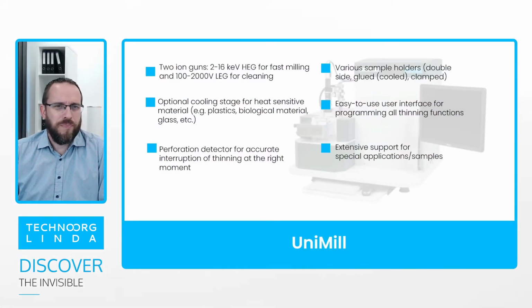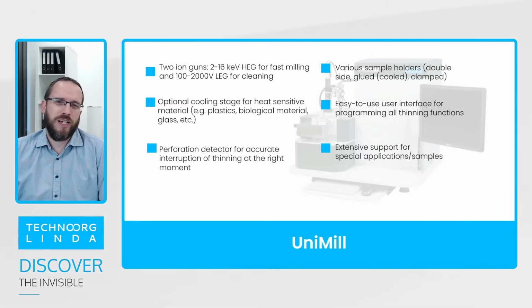So Unimill, as I told you, has 2 guns. One high energy ion gun, which works between 2 and 16 kilovolts for fast milling of almost any material. And it also has a low energy gun integrated, which works from 100 volts to 2000 volts. Various sample holders are offered for this machine.